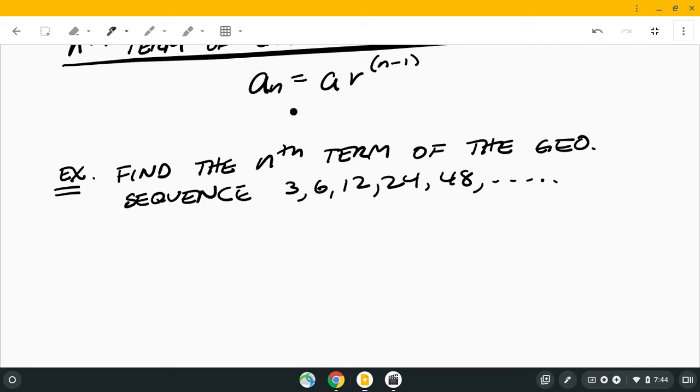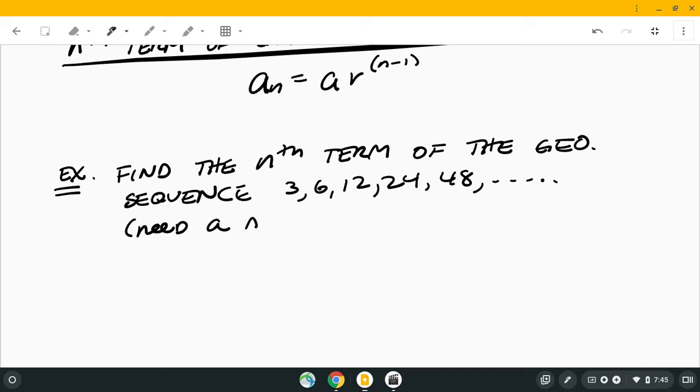Okay, so the nth term is this formula. Finding the nth term is like finding this formula. In order to create this full formula, we need our first term and we need R. Let's write that down.